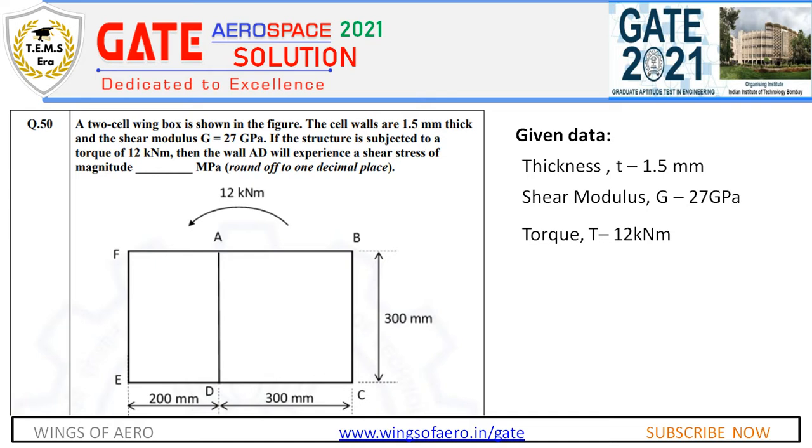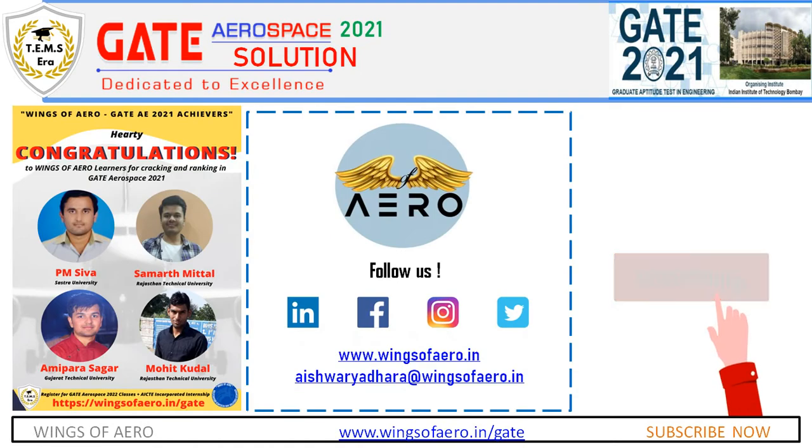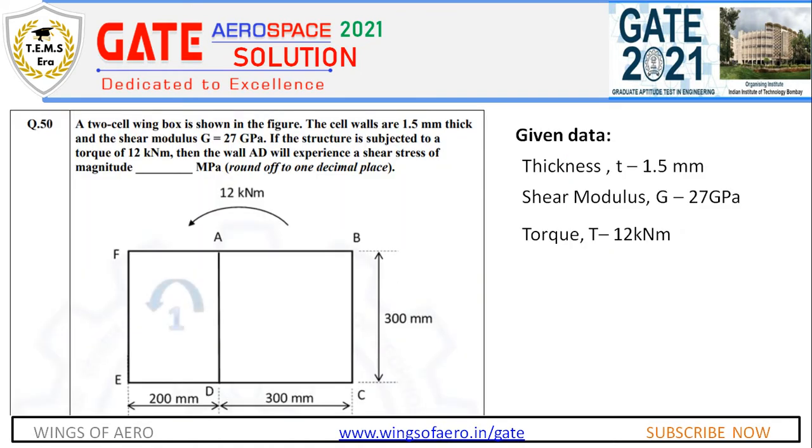We need to see how much shear stress this wall has been sharing. This AD wall is a common wall to both cell 1 and cell 2. First of all, let's put the cell numbers.